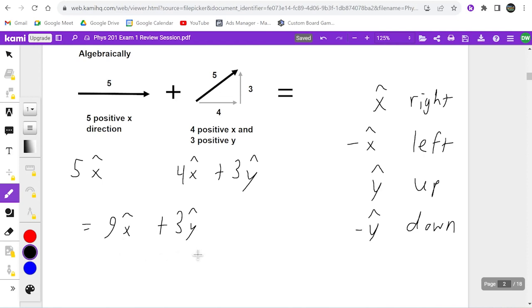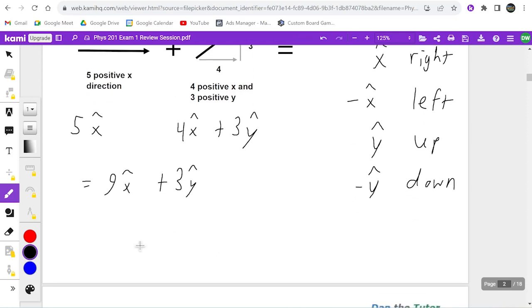And you can keep this as your answer if you want. It also depends if your professor or the test asks you for a magnitude. Like I said before, magnitude means positive, but it actually means something else too. If you ever see the word magnitude, and you have x and y components, it means they want you to build a right triangle and solve it.